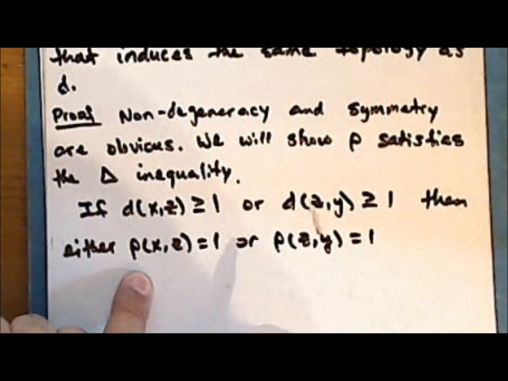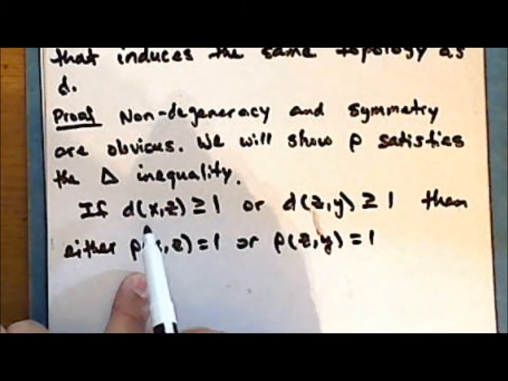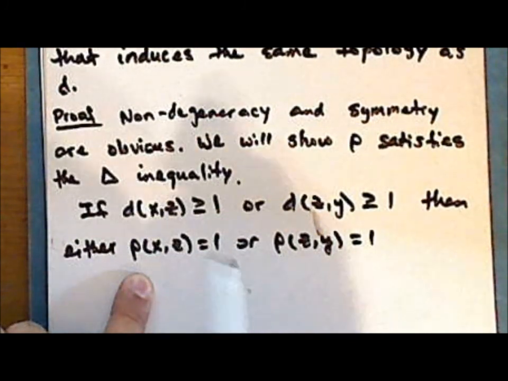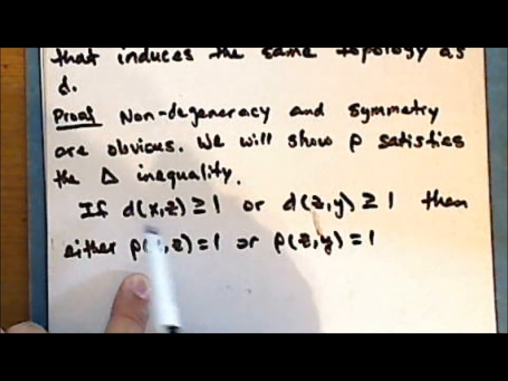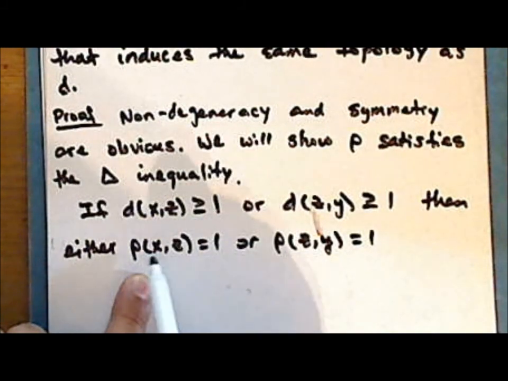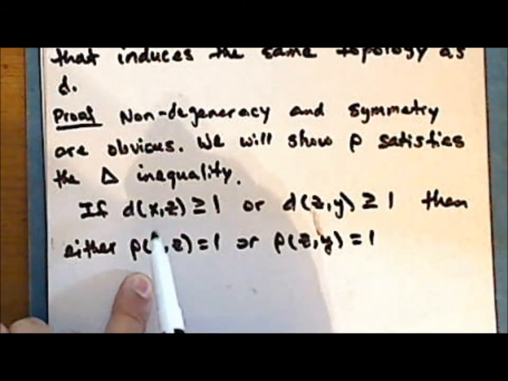Again, because rho is the smaller of the values of either 1 or the distance from x to z. So if the distance from x to z under the metric D is greater than or equal to 1, then rho is equal to 1.